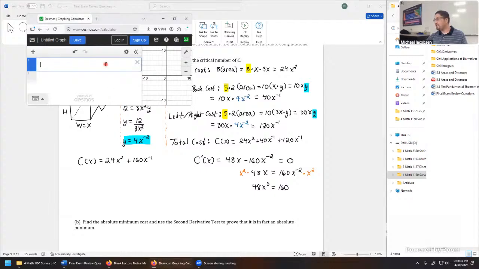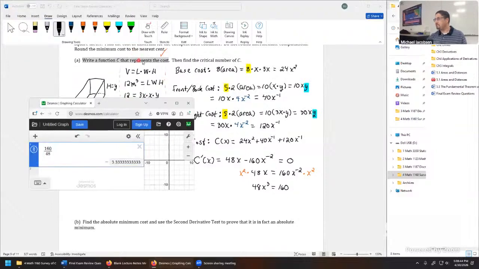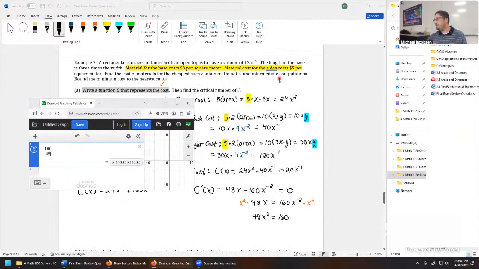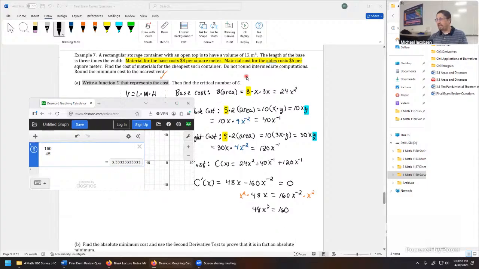Okay, continuing on to the next step, let's divide 160 by 48. We get 3 repeating. That's kind of interesting. We said not to round until any intermediate computations. I think I put that there just for the sake of making sure we got a pretty accurate answer.